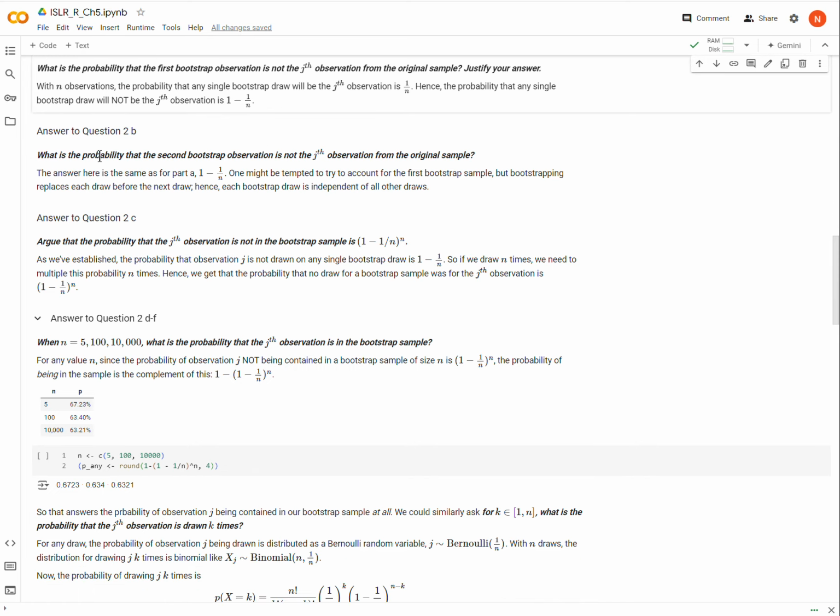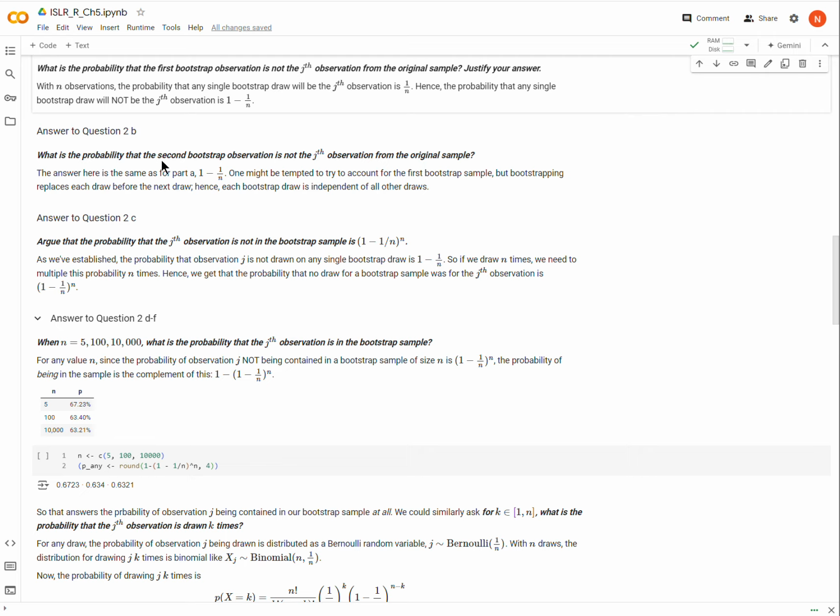Okay. Part B. What is the probability that the second bootstrap observation is not the jth observation? Well, this is just like part A, but now instead of the first draw for our bootstrap sample, we're looking at the second draw. But when we're doing a bootstrap sample, after I draw an observation to put into the bootstrap sample, it is just put back in the pool of potentials that I could draw on the next time.